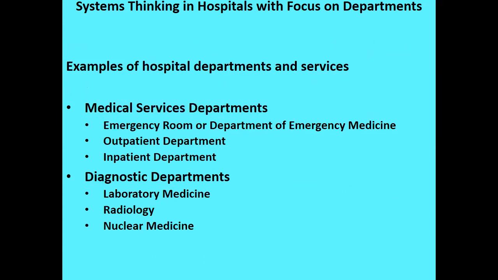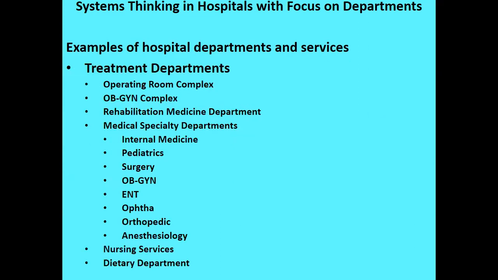Examples of hospital departments and services. Under the first category, medical services departments such as the departments of emergency medicine, outpatient department, and inpatient department. Diagnostic department is another category, which includes laboratory medicine, radiology, and nuclear medicine.